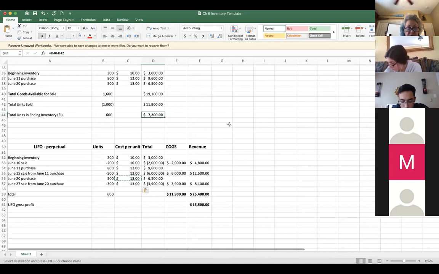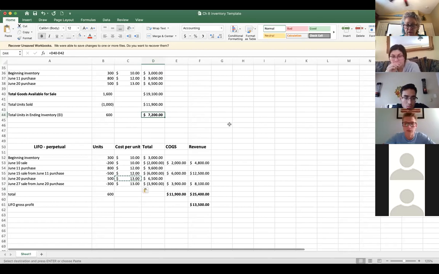So let me pause and see how y'all are doing. Are y'all doing this in Excel or writing it down? Yeah, I'm doing it on Excel. I have to say it's easier doing it on Excel than it was on the homework because the chart that they gave was kind of confusing and hard to follow. Yeah, and I agree with you.